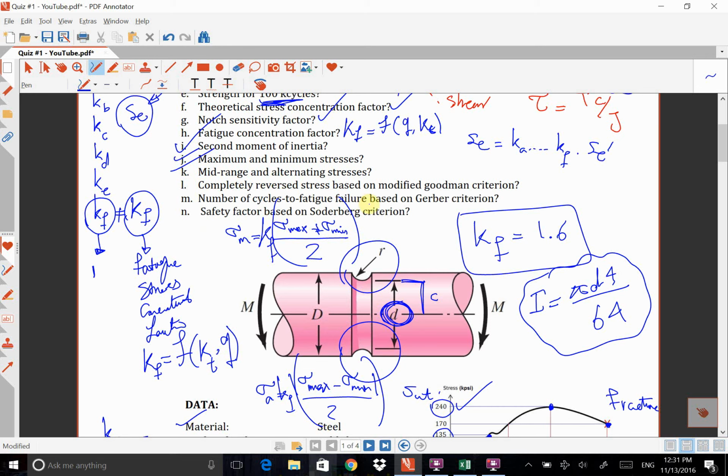Completely reversed stresses based on modified Goodman criterion. Okay, let me see if I have a picture of that one.